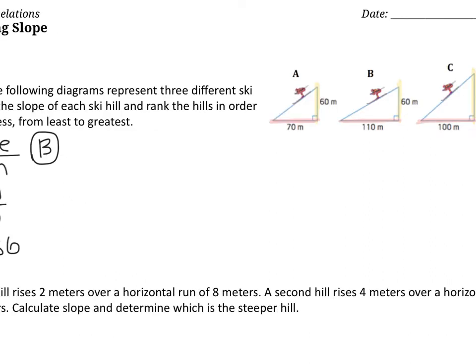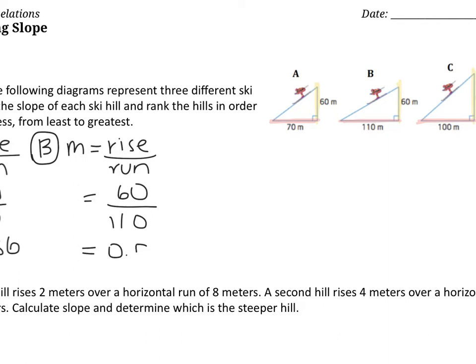I'm going to do the same thing for hill B. So slope is equal to rise divided by run. For hill B, my rise is 60, but my run this time is 110. So I'm going to do 60 divided by 110, which works out to be 0.55.